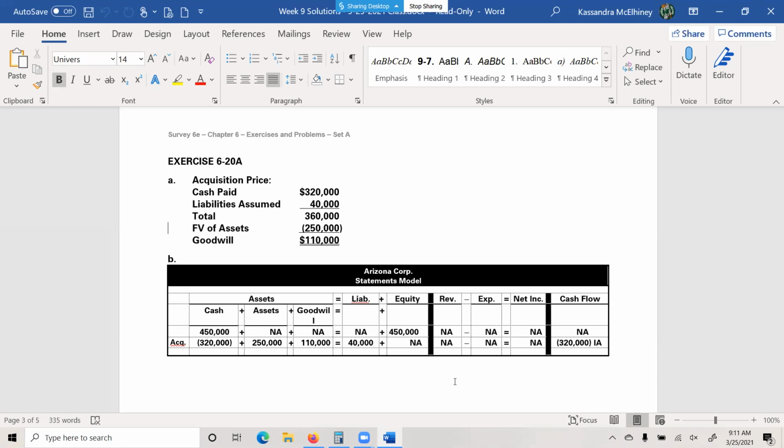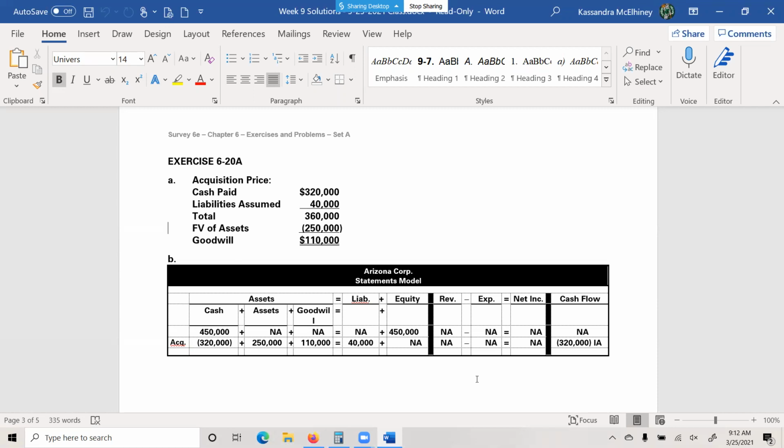Well, they gave us what was in Data Systems' books. In Data Systems' books, there were tangible assets of $260,000, liabilities of $40,000, and stockholders' equity of $220,000. We don't care what's in the books. What we care about is what an appraiser says.